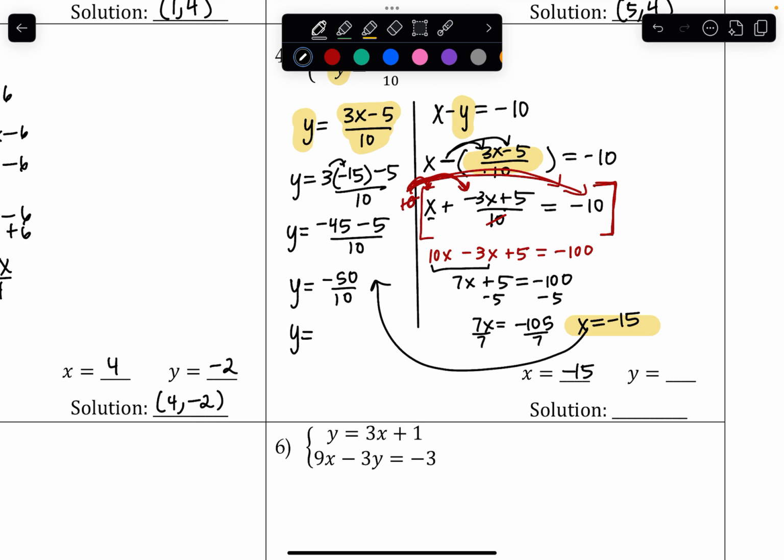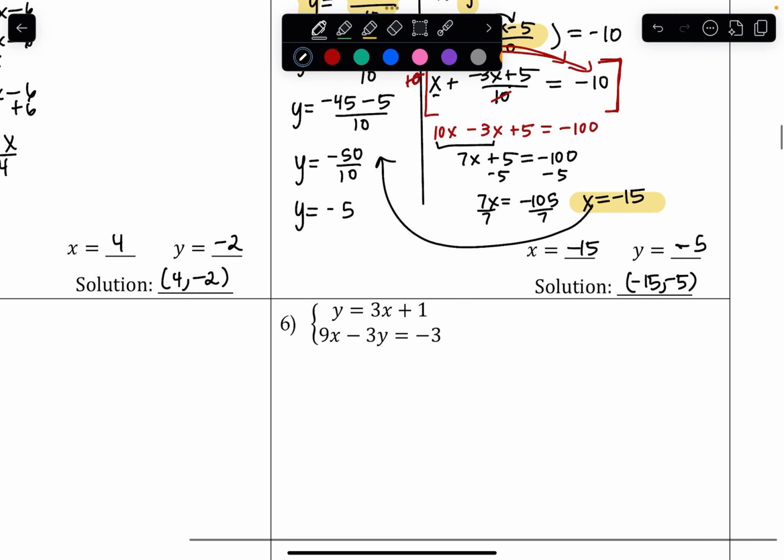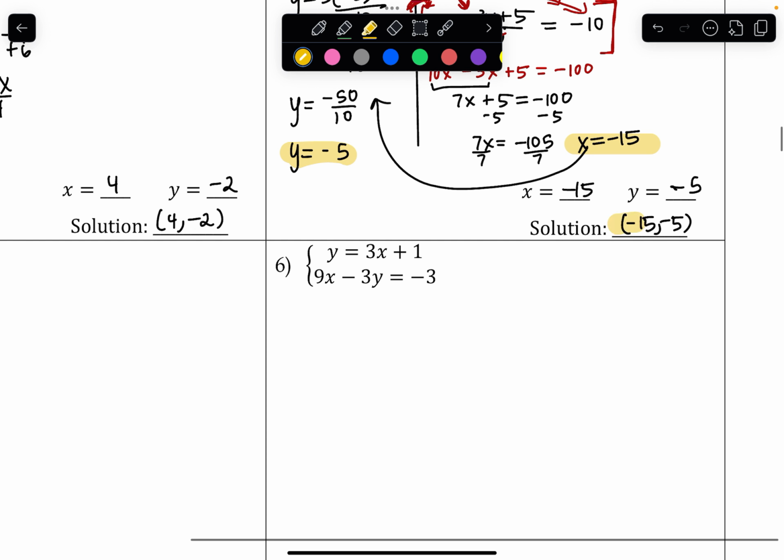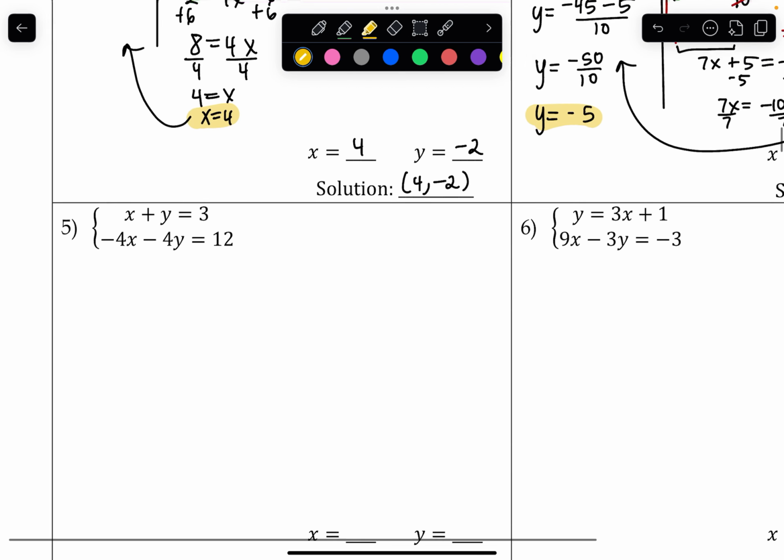Negative 50 over 10 is just negative 5. Okay, and so we have x equals negative 15, y equals negative 5. That would be our final solution.